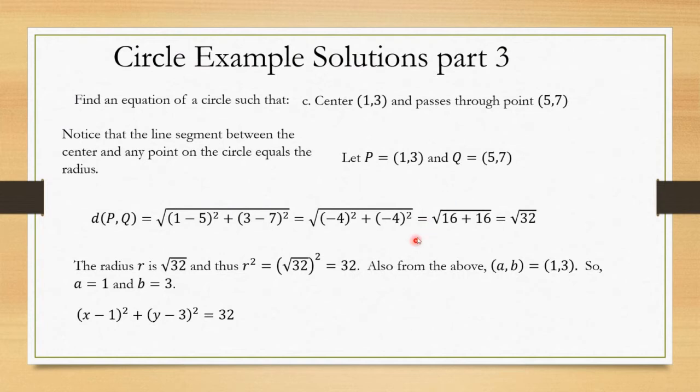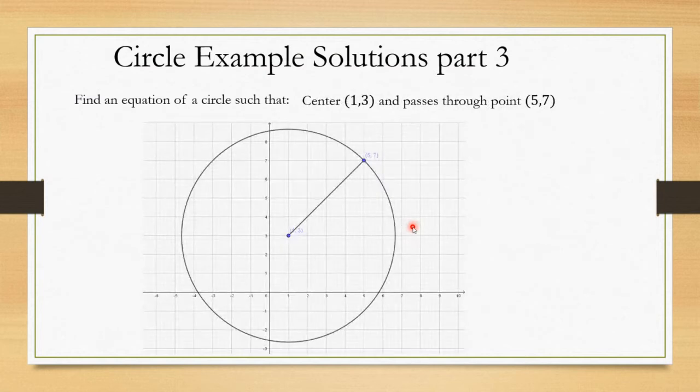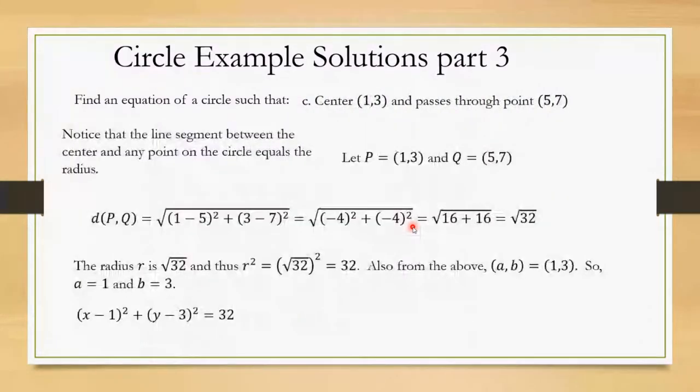So an equation for this circle: we have the center, that should be (h, k), not (a, b). I don't know why I have (a, b) there. That should be (h, k), which is (1, 3).